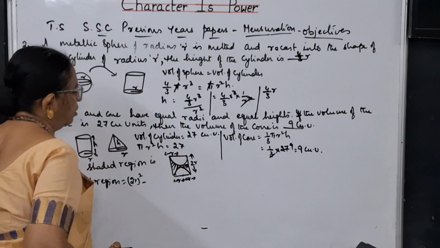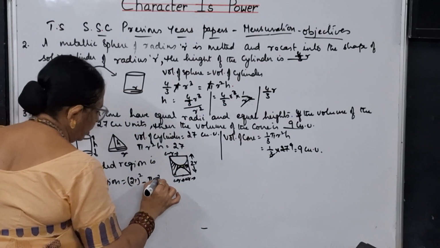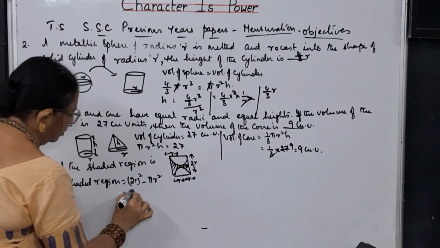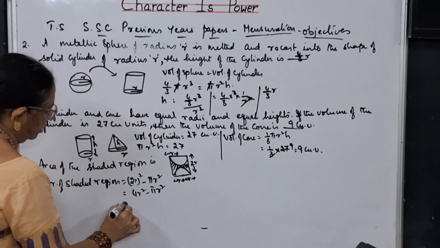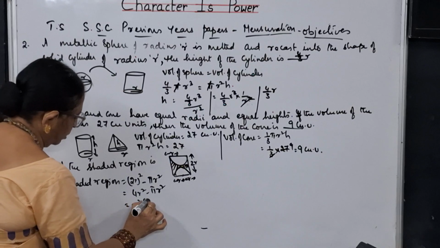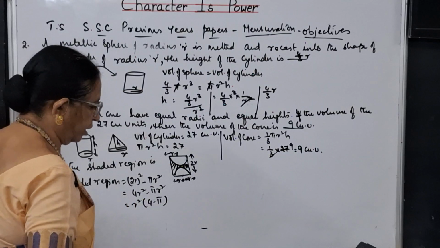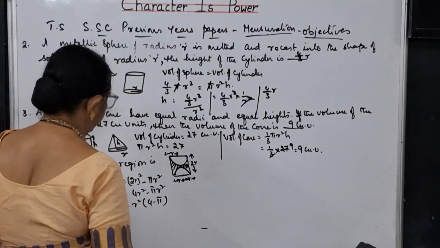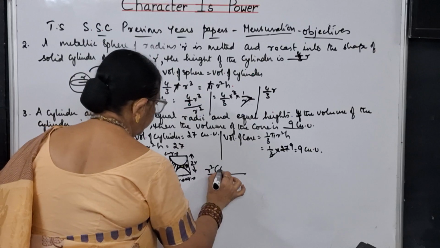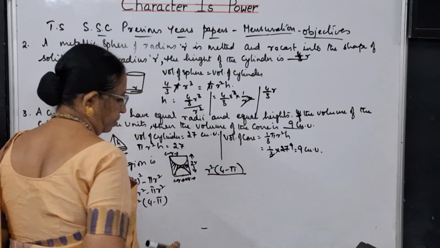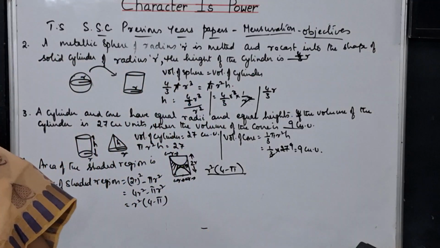If you join them you will be getting a circle. Circle formula is pi r square. That means 4r square minus pi r square. So take r square as common, 4 minus pi. So the answer here is r square into 4 minus pi. This is the fourth problem, children. Please copy.